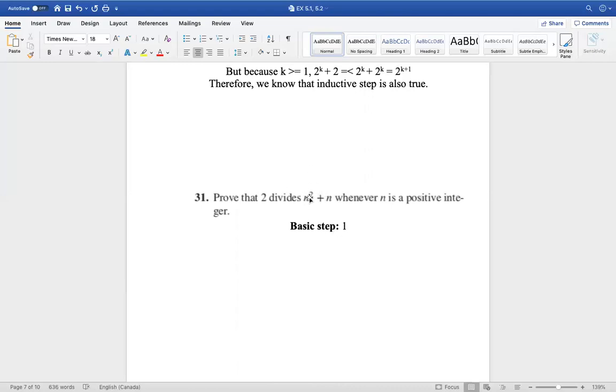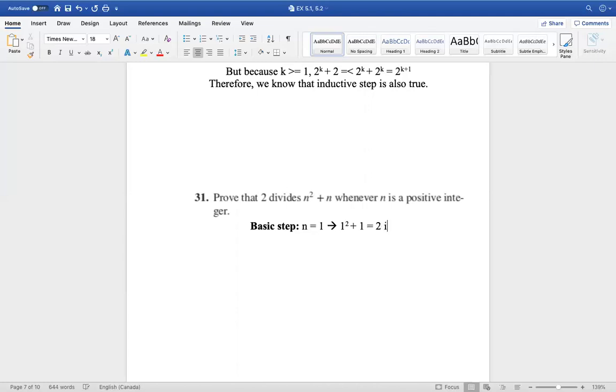We will just replace n and take n equals to 1, and then we say that 1 squared plus 1, right, which is equals to 2, right?